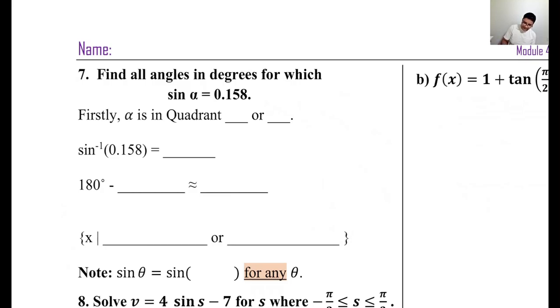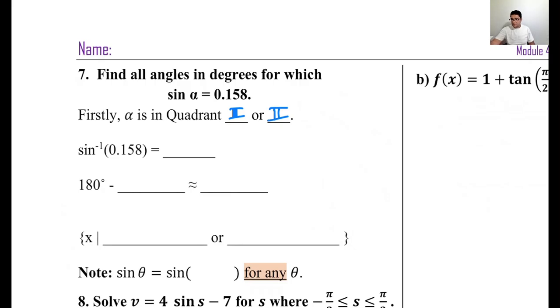If sine alpha is positive, you can go ahead and write your answers, and check with me. You are either in the first quadrant or second quadrant. Okay, in the first quadrant, if you use the sine inverse function on your calculator with the calculator in degree mode, you'll get the value. Please do it and check with me.